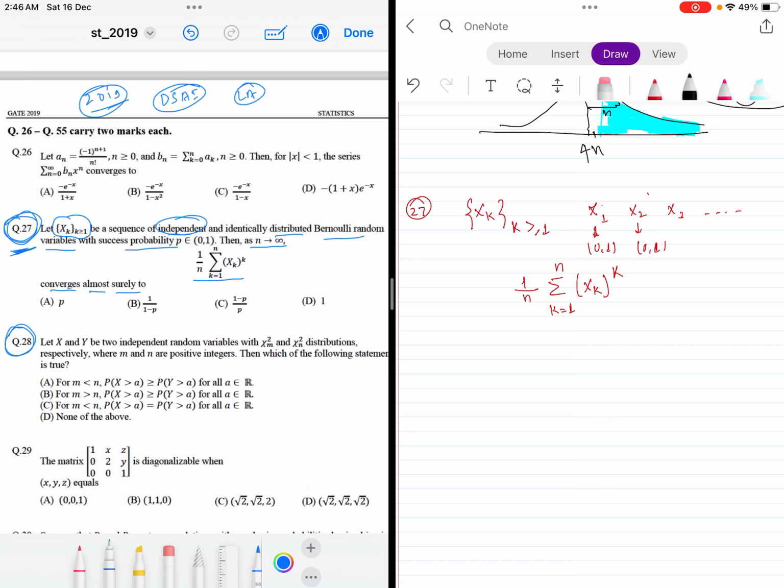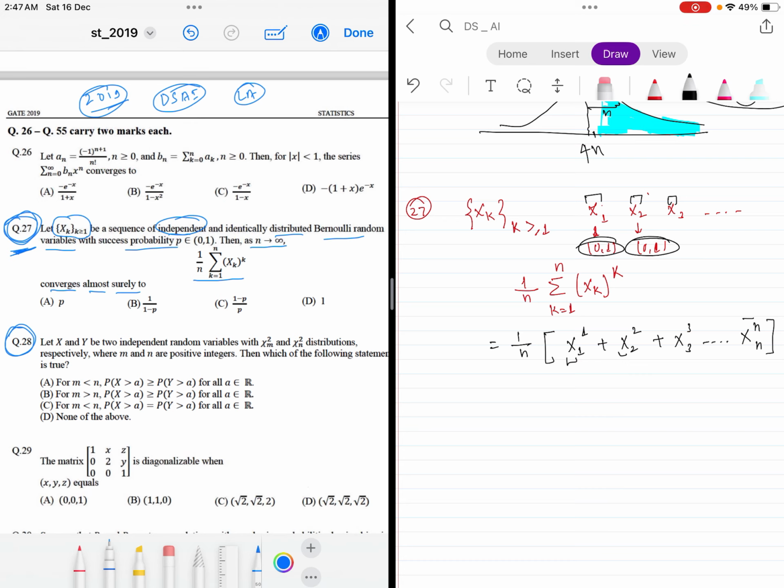If we open up this summation, it will be x1 plus x2 square plus x3 cube dot dot dot till xn to the power n, right? All these x's are random variables, and each can take either 0 or 1.